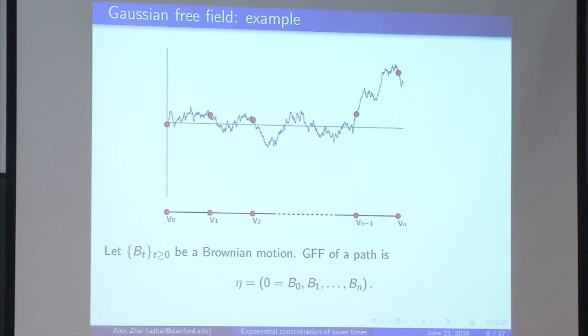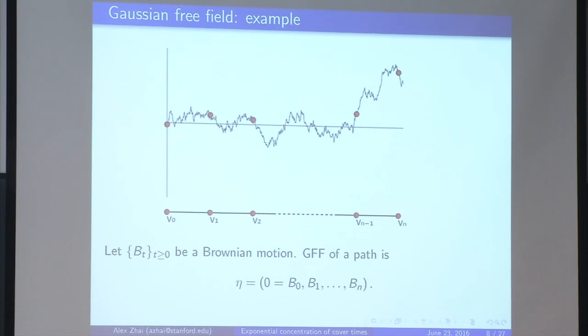Let's say we have a path v0, v1 up through vn. If you plug in these formulas, you'll see that the variance of eta sub vk should be k. So it's an easy calculation.